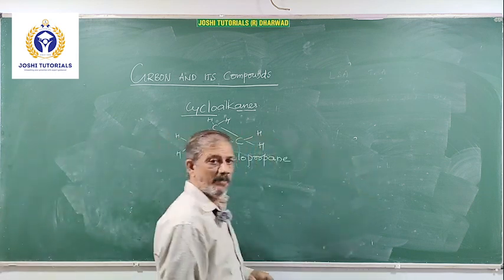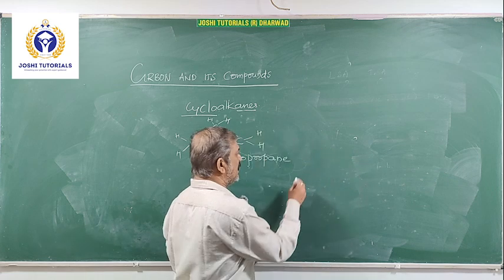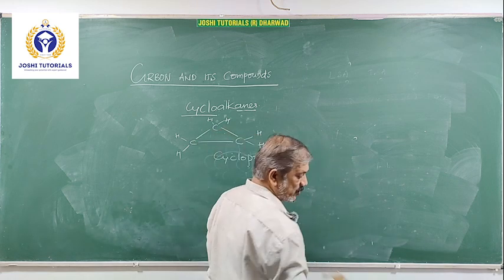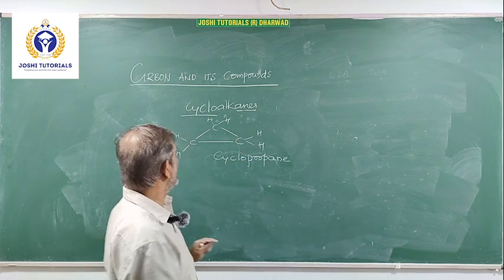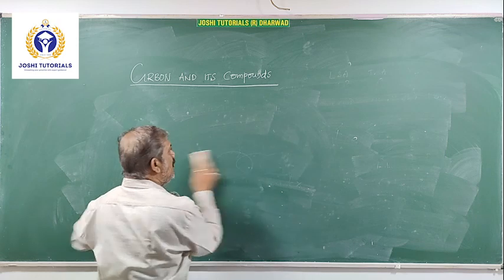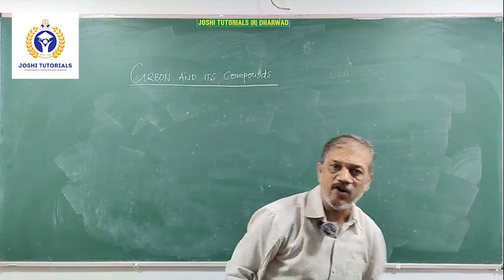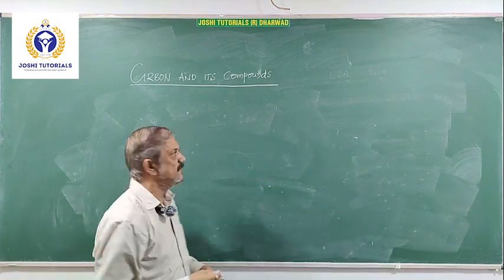And next, you remember the general formula for alkanes. I already told, cycloalkanes is also CnH2n. Say next. We come across aromatic hydrocarbons.